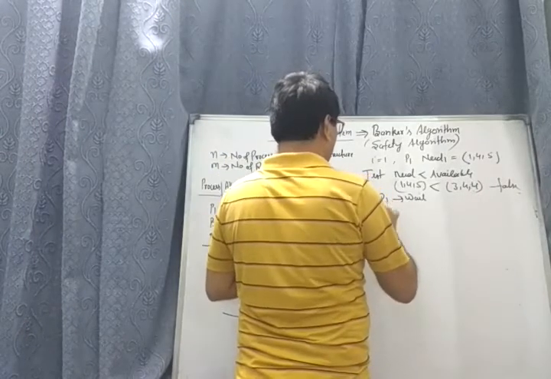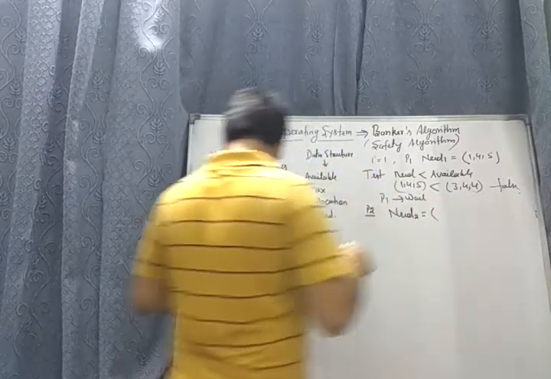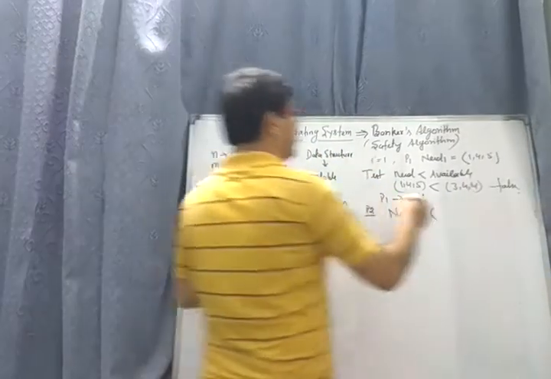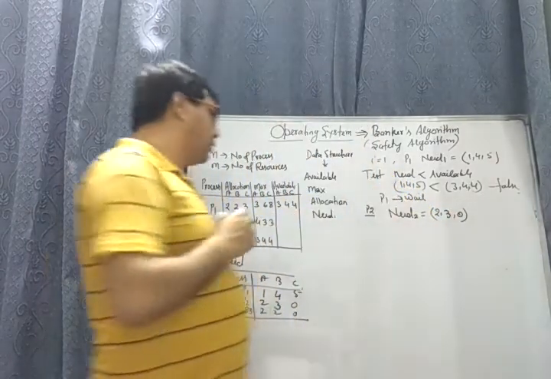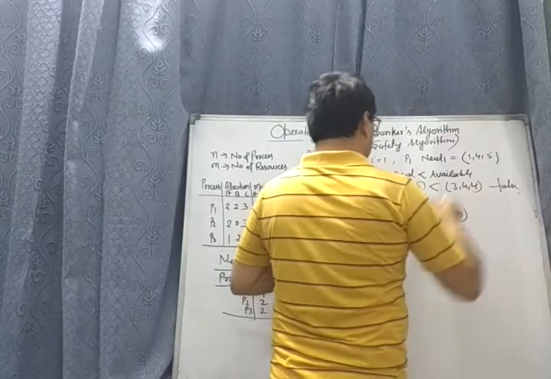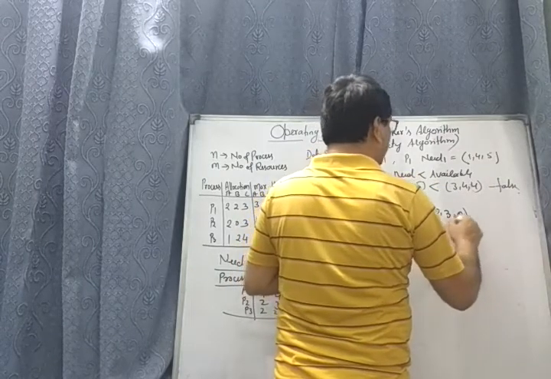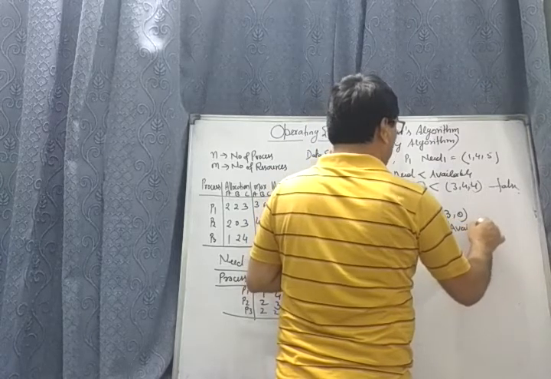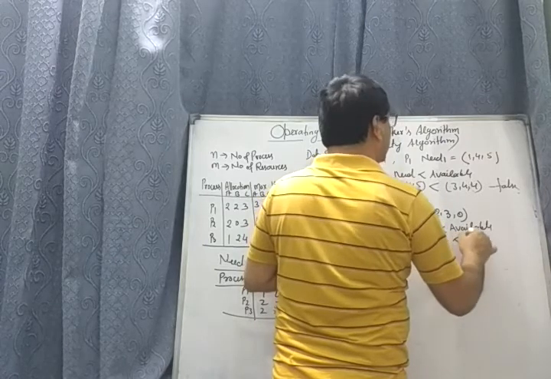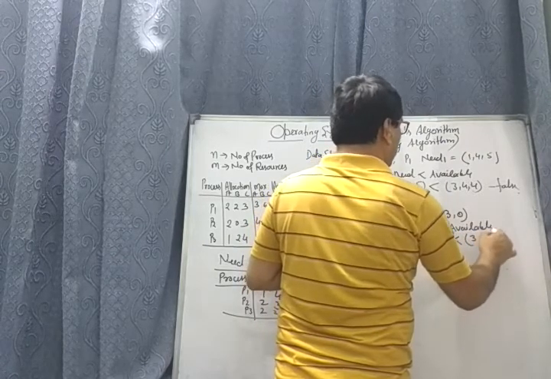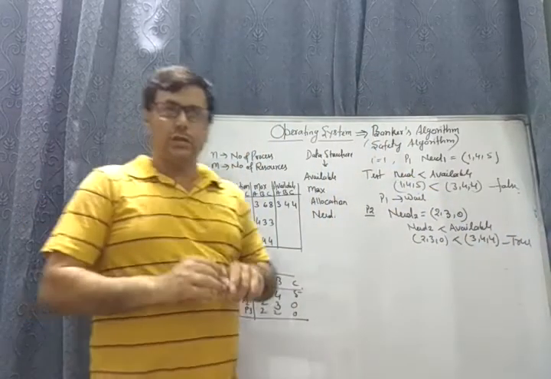P2. Find out Need2. Need2 is equal to 2, 3, 0. And again check whether Need2 is less than available. Means 2, 3, 0 is less than 3, 4, 4 and this is true.